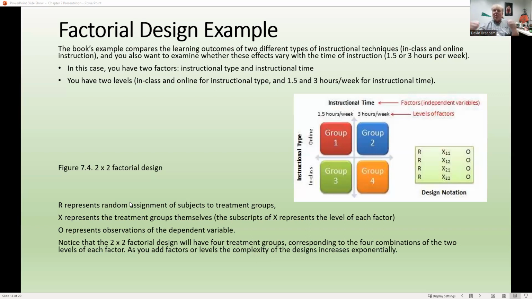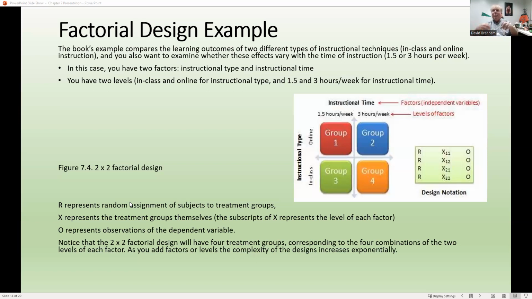Because it's 2x2, with two variables with two values each, you actually have 4 groups, so you have 4 R's there. That means you randomly assign your subjects into 4 groups. Think about this: if you'd like to have 100 in each group, you're going to have to get 400. Just adding the second variable doubles the number of people that you need to have in order to have that number.